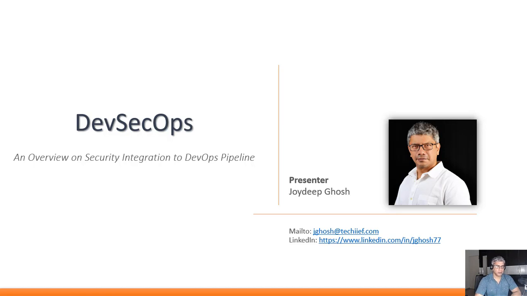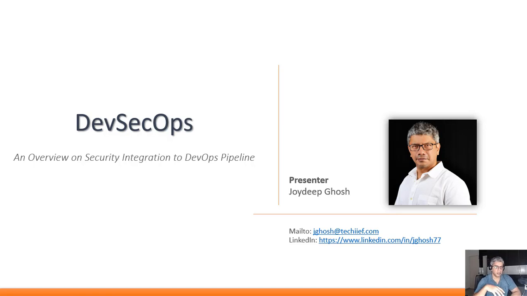So let's go ahead with this. However, I want to just highlight the plan that I have. This particular session is just going to give you an overview of DevSecOps. It's not going to go into the depth of it. However, my plan is to add many more sessions on an in-depth level of understanding of how we can implement it.